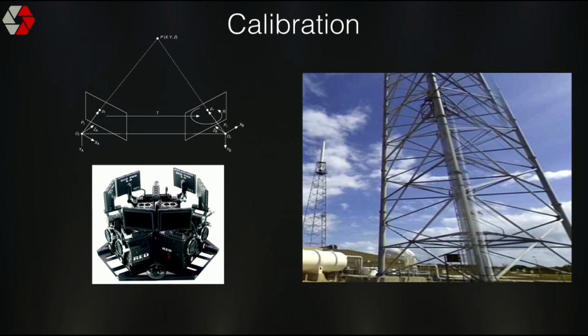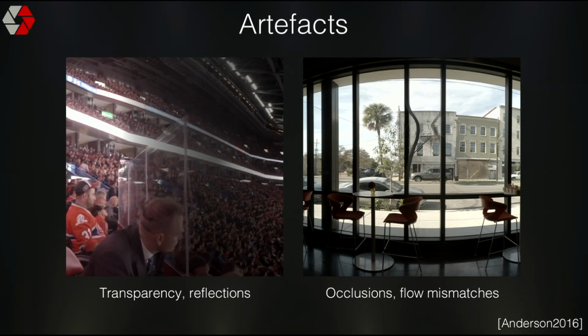But all jokes aside, even if the calibration is actually correct and perfect, you still see certain artifacts due to these optical flow-based interpolation methods. Anywhere essentially where optical flow has challenges, you start seeing these artifacts show up in the output videos that you want to see on these VR headsets. So these systems typically have trouble with transparencies or reflections or occlusions and flow mismatches like you see here.